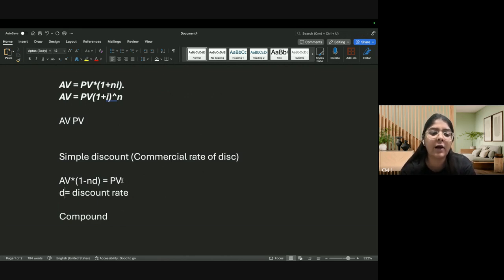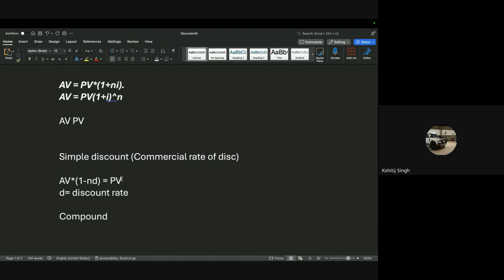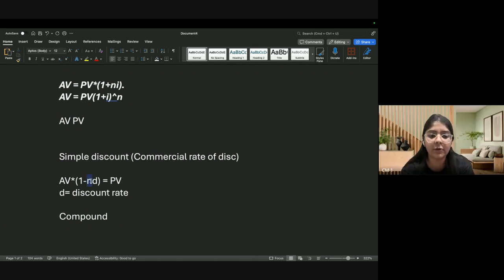Now suppose N is the number of periods. N will represent the number of years. Now, it can be in years or in months, depends on the question. But the catch here is if D, the discount rate, is in years, which means if it is in per annum terms, then N should be consistent with it, which means that N should also be in years.